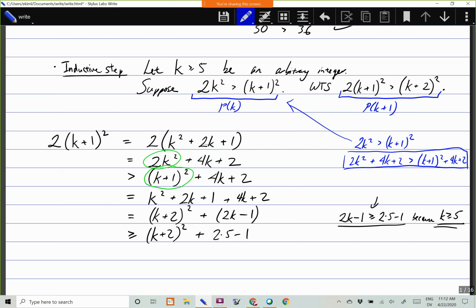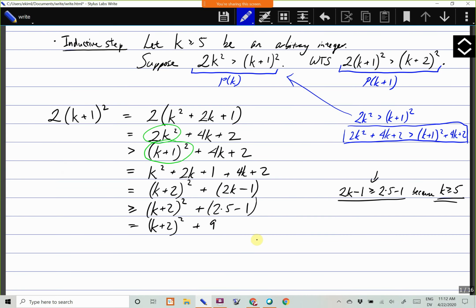Okay, and then we can go ahead and simplify. So this expression is equal to k plus 2 quantity squared plus 9. And if you want, this number is bigger than just dropping the plus 9, right? So you have a plus 9 there, it should be a bigger number.